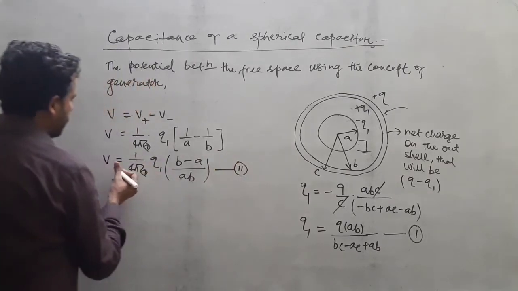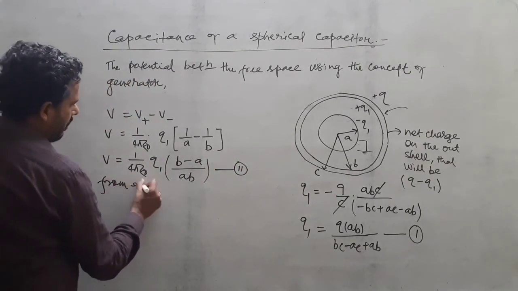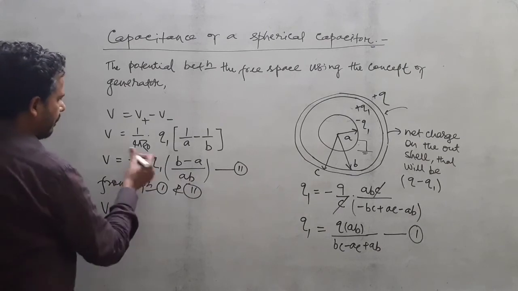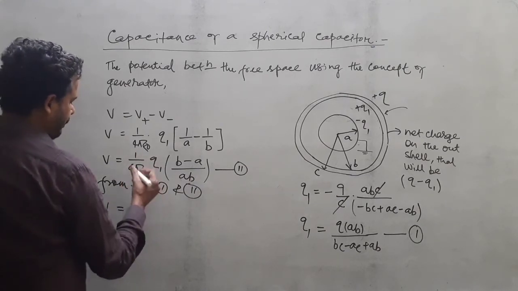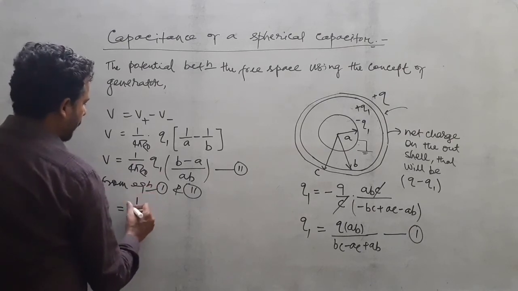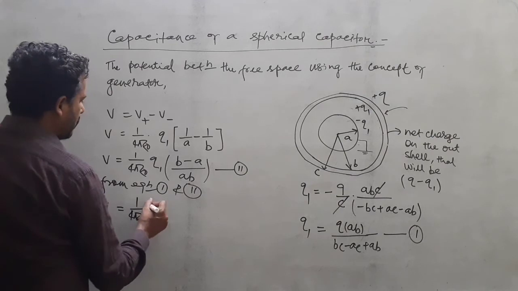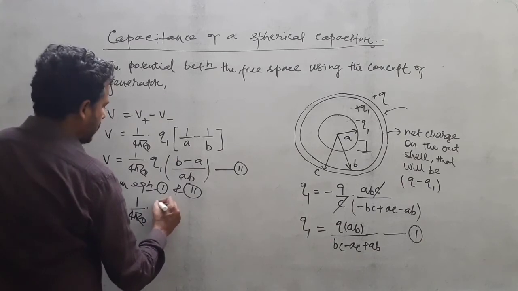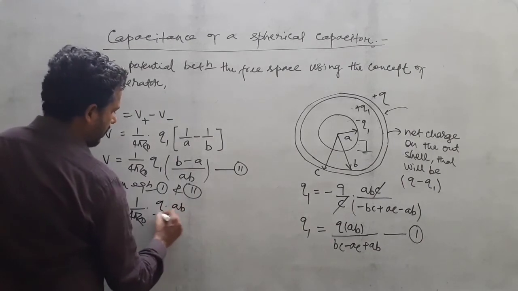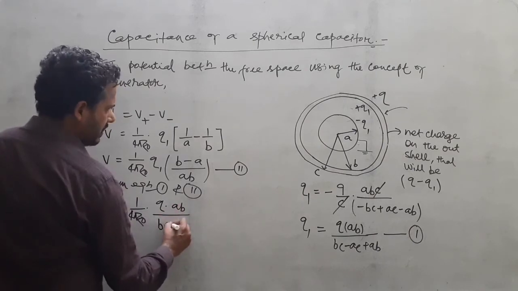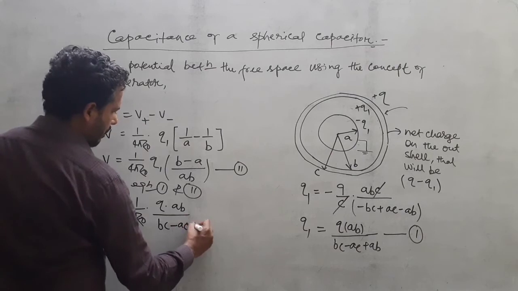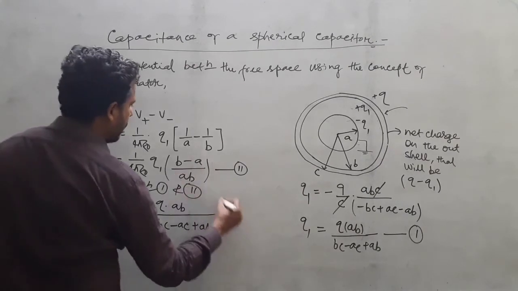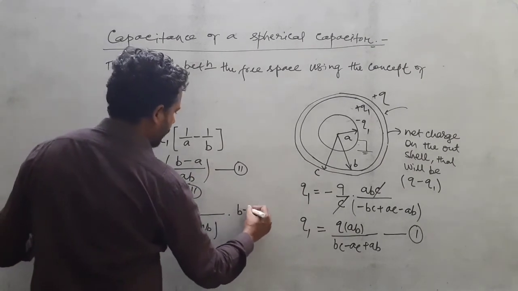From equations first and second, you will get V, that is 1 by 4 pi epsilon naught, put the value of Q1 from this equation, so this is Q AB divided by BC minus AC plus AB, and then B minus A by AB.